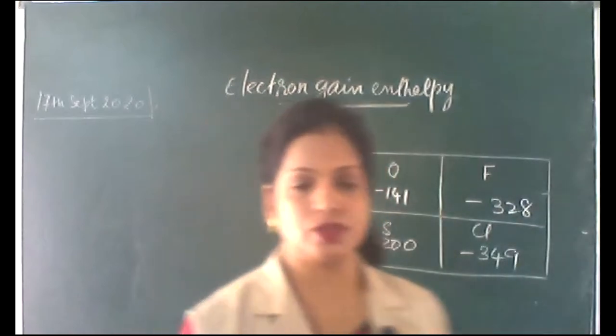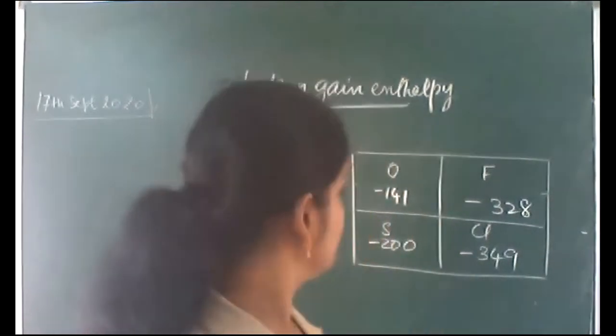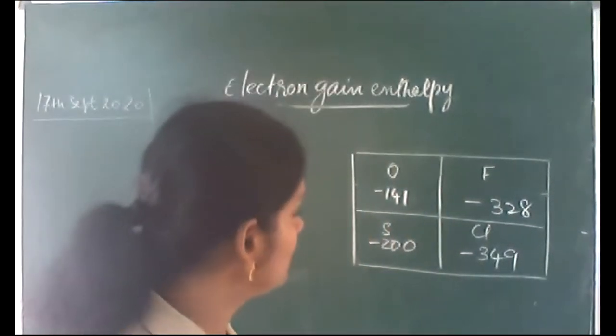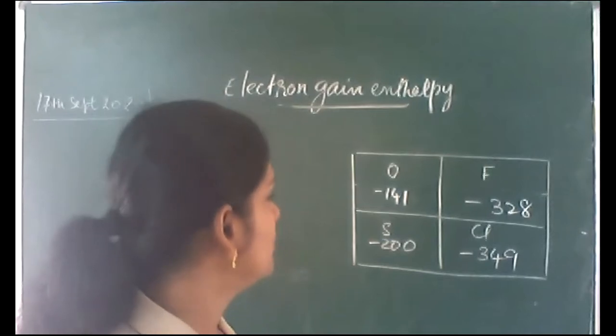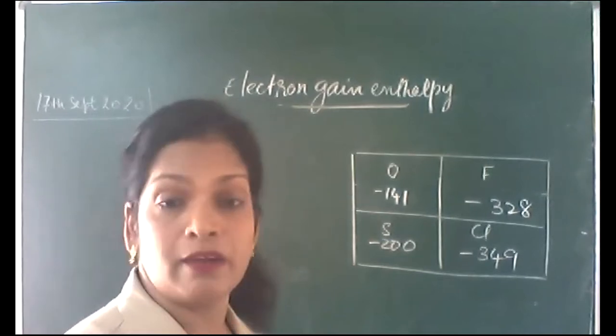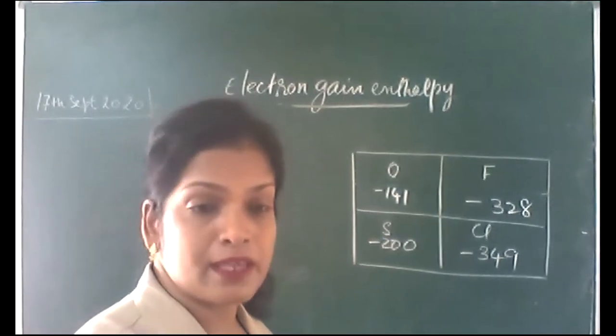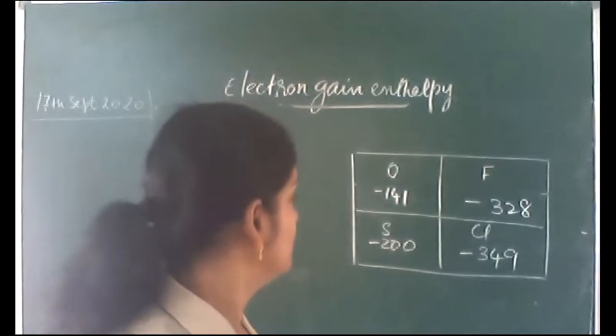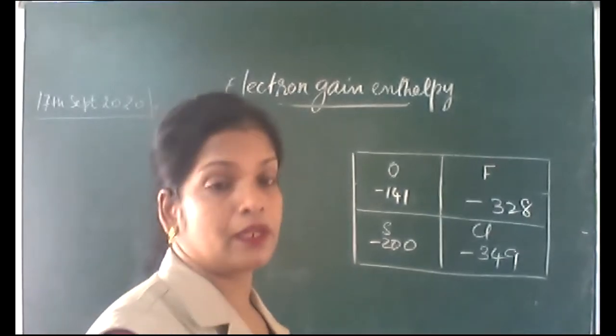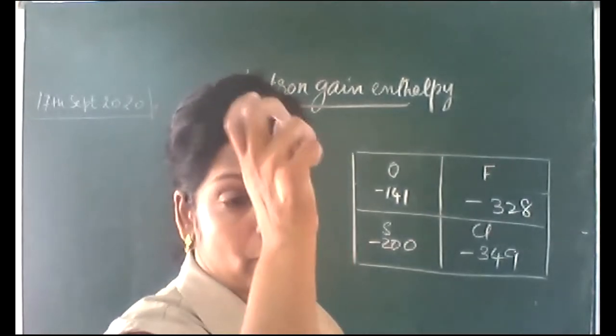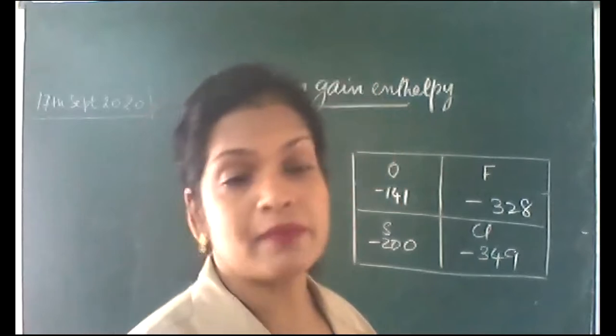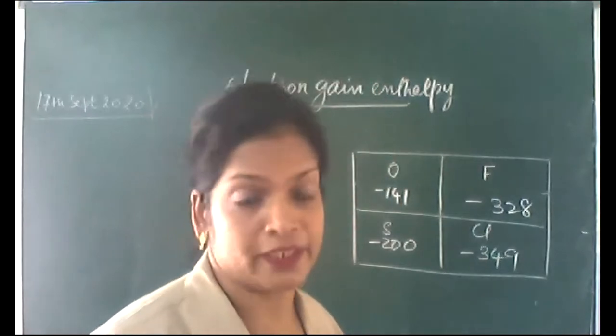You draw this box and write one question. First you draw this box: fluorine value, chlorine value, oxygen value, sulfur value. The same is the reason for oxygen and sulfur. Similar reason, what we have written for fluorine and chlorine, the same reason we'll be writing for oxygen and sulfur.